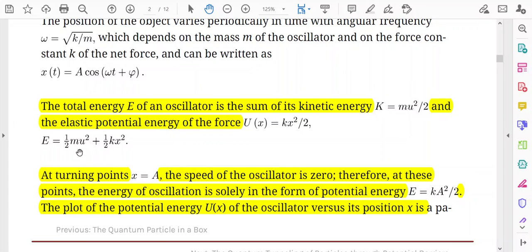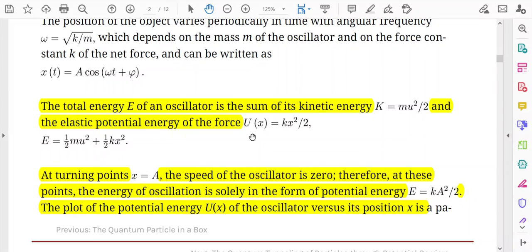Why? Because the speed u is 0, so there will be no kinetic energy term at the turning points. So at the turning points the total energy will be in the form of potential energy only, and its value will be E equal to half k a square, because at those points x is equal to a.